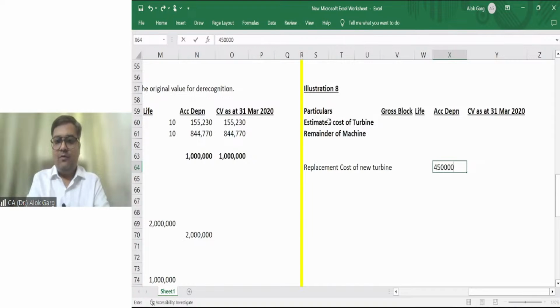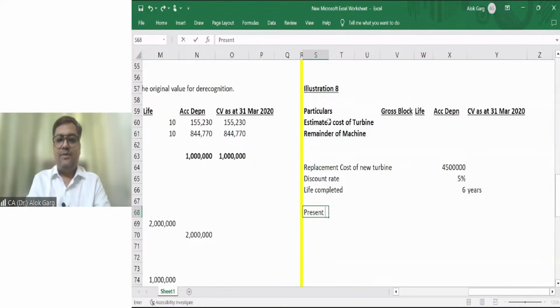45 lakh rupees. Discount rate is 5%. Let's say life completed 6 years, right?